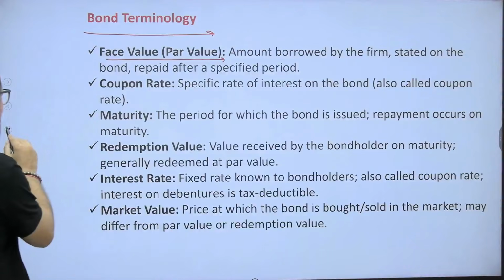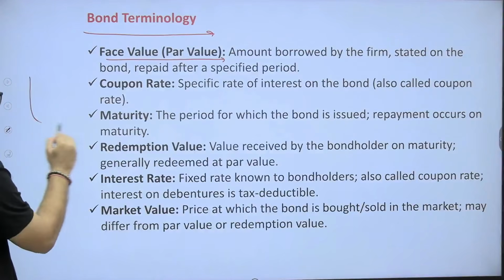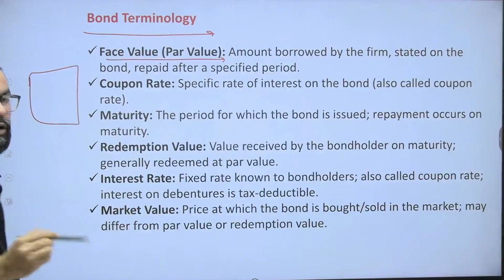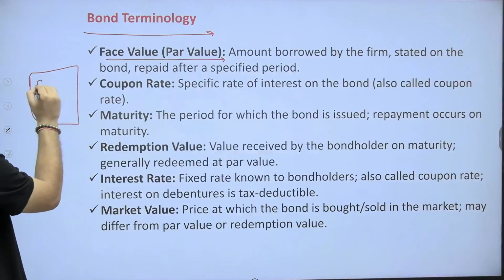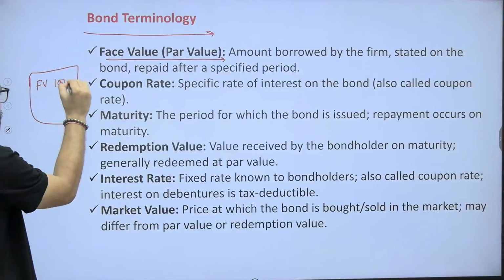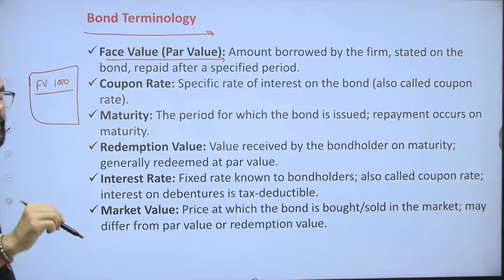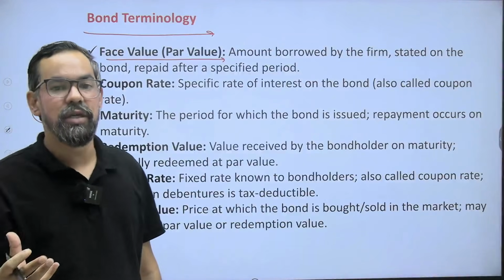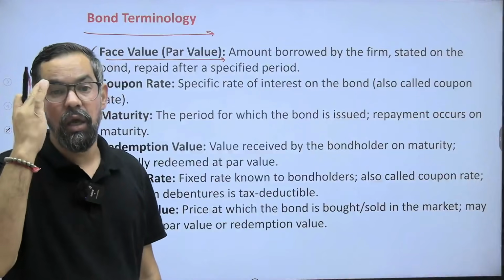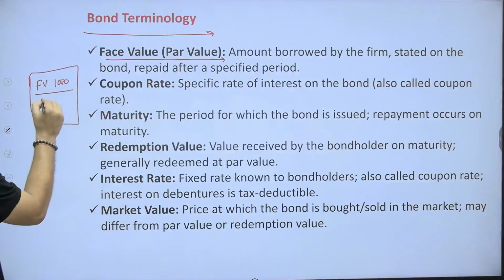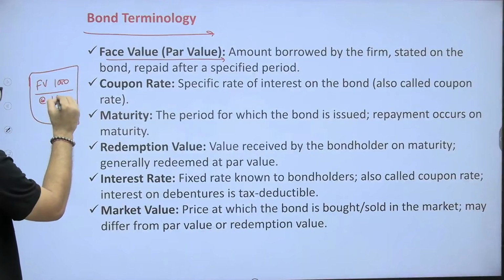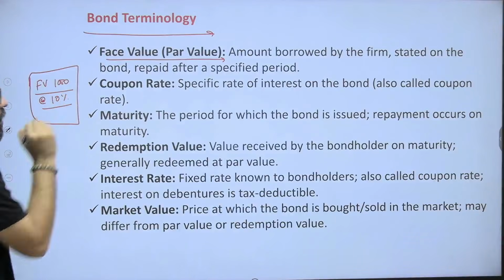This is the amount which the company, corporate or government is raising from the public. Let's say the face value of a bond is 1000. That means the borrowers are raising 1000 rupees from investors, and they are making a commitment that the coupon rate is 10%, so they'll pay 10% per annum return on this.